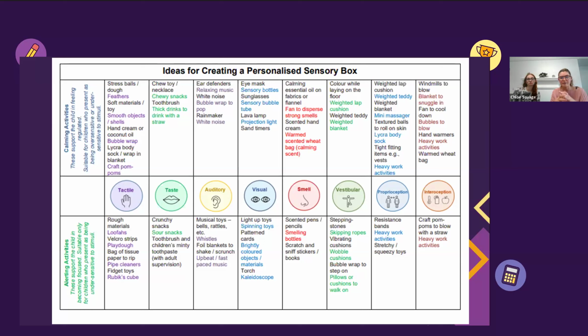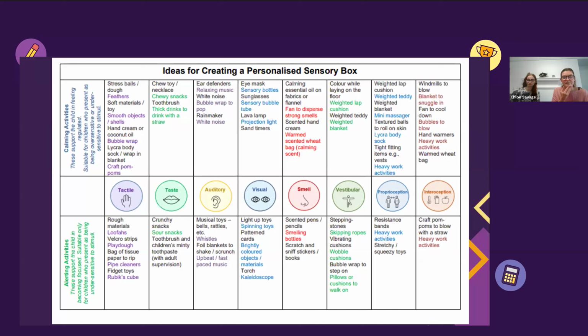In this example, again, we won't read it all, but you can take a screenshot or I can direct you to it at the end. There are some ideas of how you can create a sensory box or bag for a young person who has sensory needs. We've got the different senses spanned across the page, and above the icon, for example above the tactile icon, there are ideas that might calm a student.